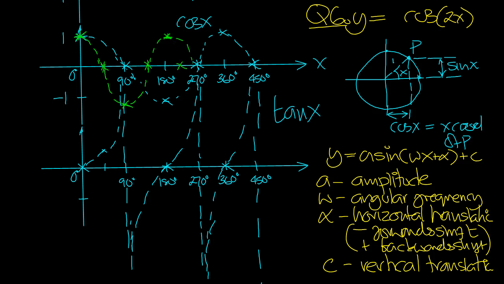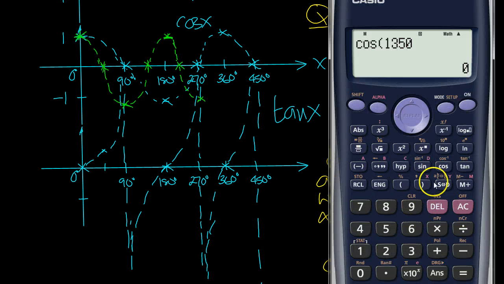Let's just do that again. There we go, so it's here, and it comes down. And then it comes back up at 270, it'll be minus 1. 2 times 270 is 540, and cos 540 should be minus 1.